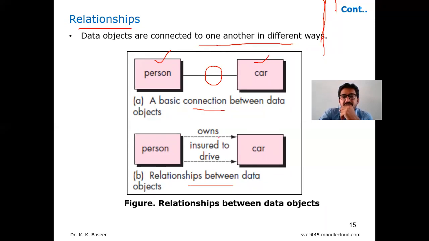That's how we can make a relationship between these two. Human being to human being is a connection between data objects. If you consider your family, all are human beings. The connection between you and your father is father and son, daughter and mother, daughter and father. Like this, there is a relationship.